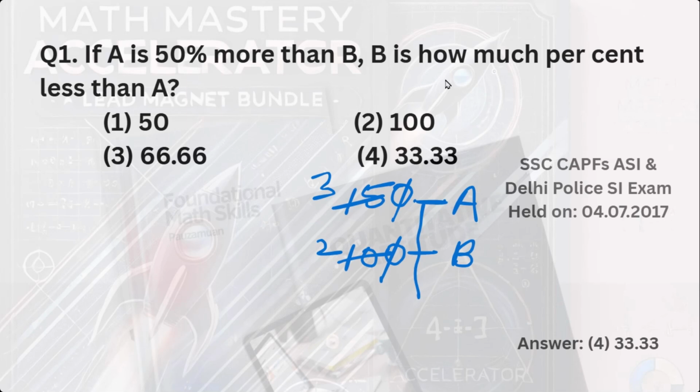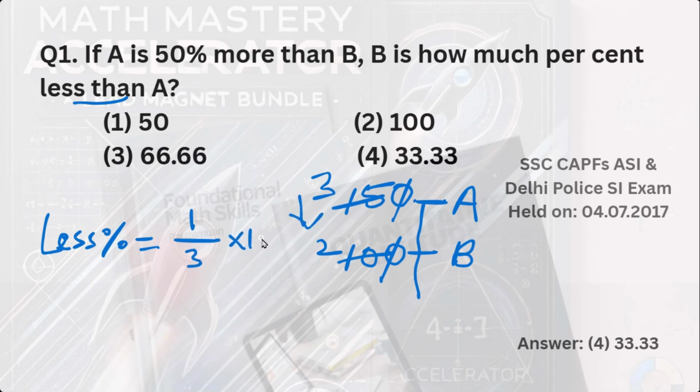B is how much percent less than A? We have to find less person. Less person is the difference between the two numbers, 3 minus 2, that is 1, divided by the bigger number, 3, into 100.